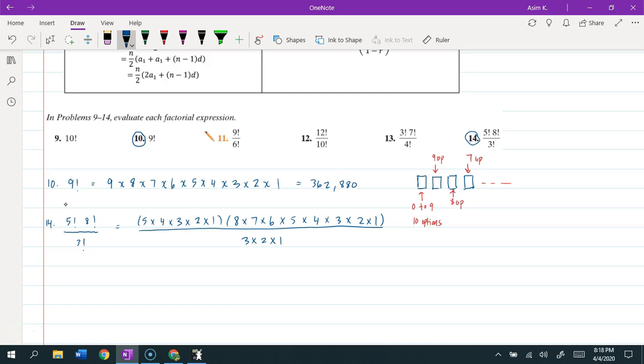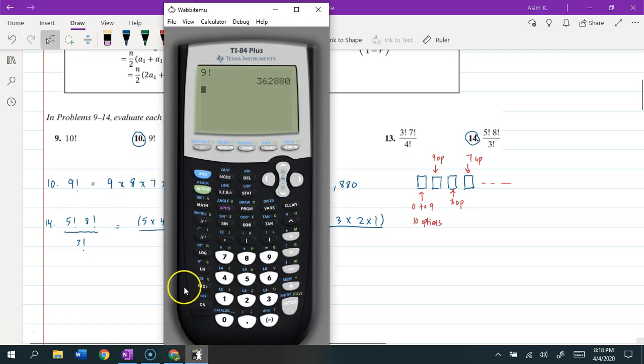Thankfully, if you understand how a calculator processes things, you'll realize that I could just put this all in a calculator and get the job done. So 5 factorial, so 5 like that, multiplied by 8 factorial, and again we go down that route and pick the factorial option.